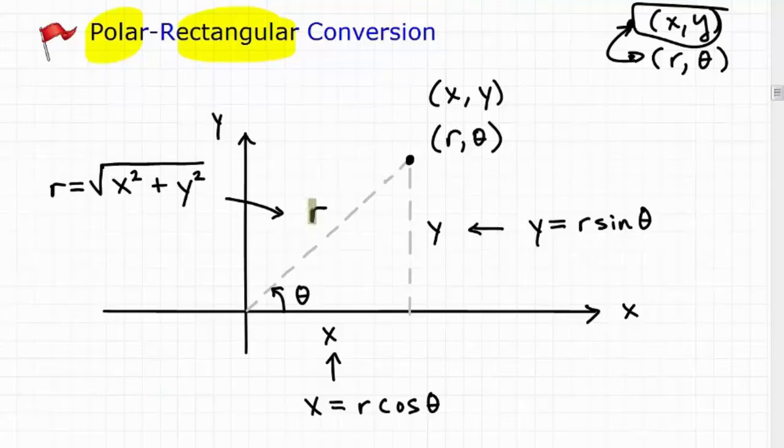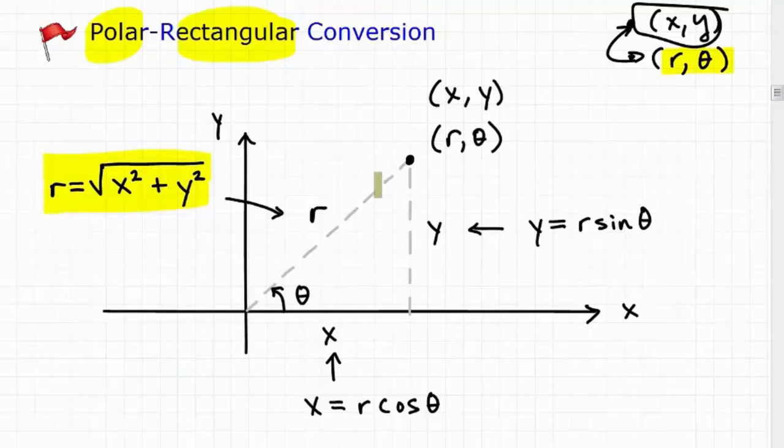If I can get this radius and this angle, then I have a polar coordinate. It's pretty easy to do. This is basically a right triangle, so I can use the Pythagorean theorem, x squared plus y squared equals r squared, and take the square root, and this will give me this hypotenuse. That's pretty straightforward to get that r.